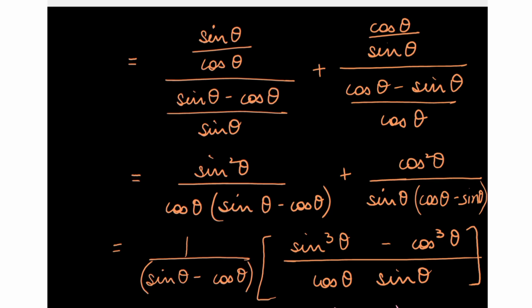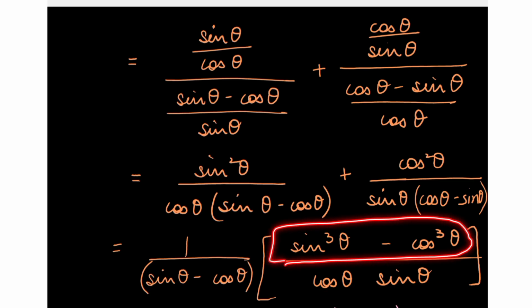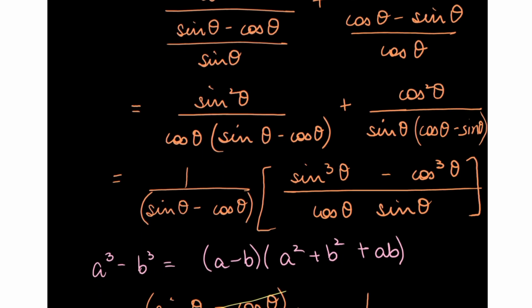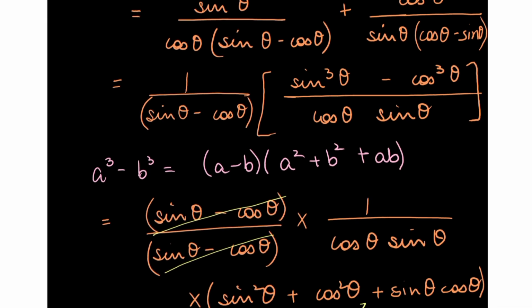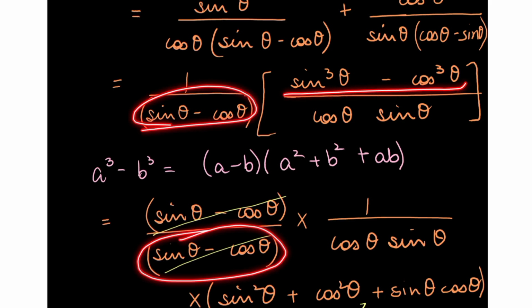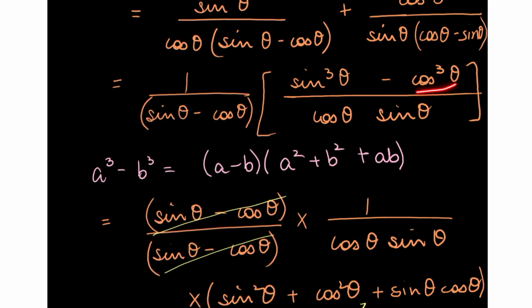What we have done is we have taken 1 by sin theta minus cos theta common, as well as we have taken the LCM of cos theta and sin theta. Okay, so here we can use the identity of a cube minus b cube, that is a square plus b square plus ab into a minus b. So what we are left with, this remains as it is. Here a is sin theta, b is cos theta.